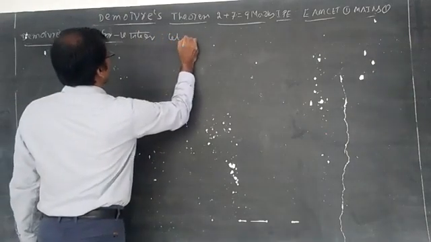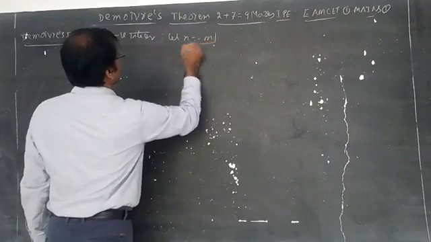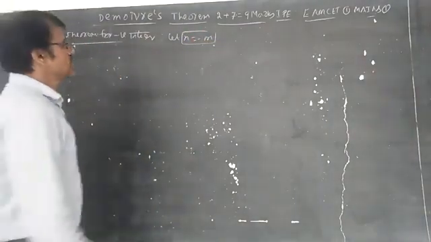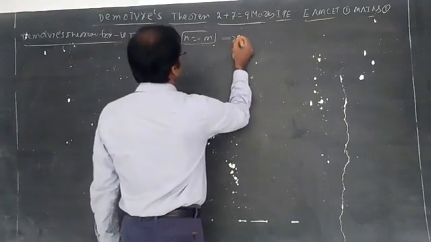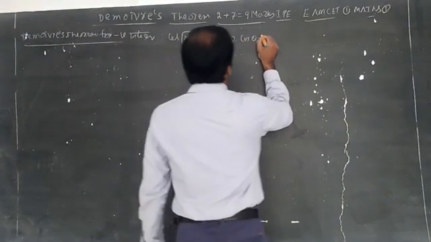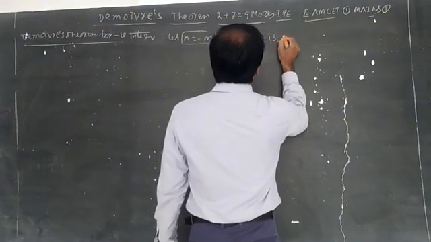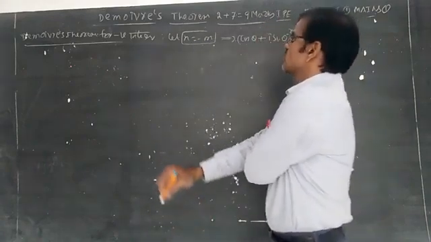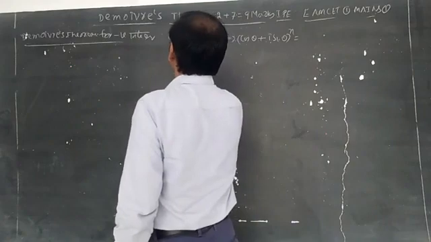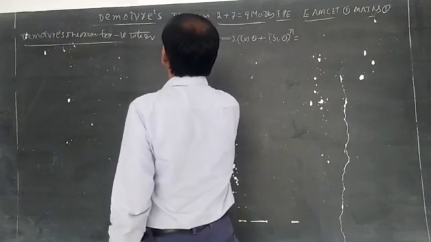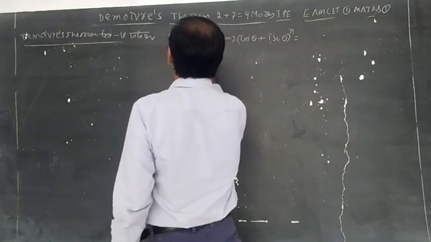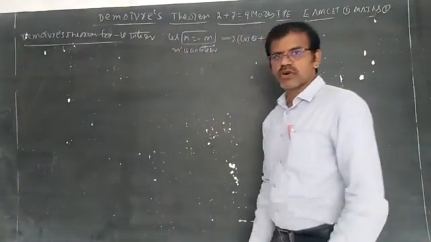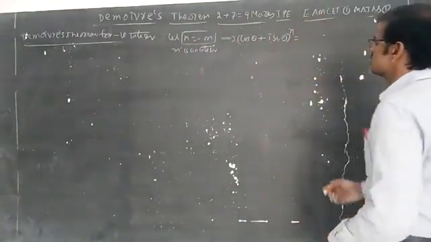Here I am writing, let n is equal to minus m, where m belongs to Z. M is an integer, maybe it is positive. If m is a positive integer, n becomes a negative integer.